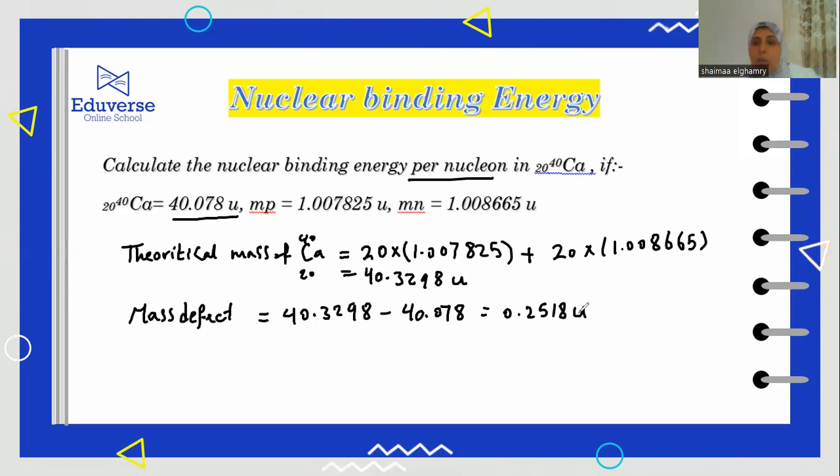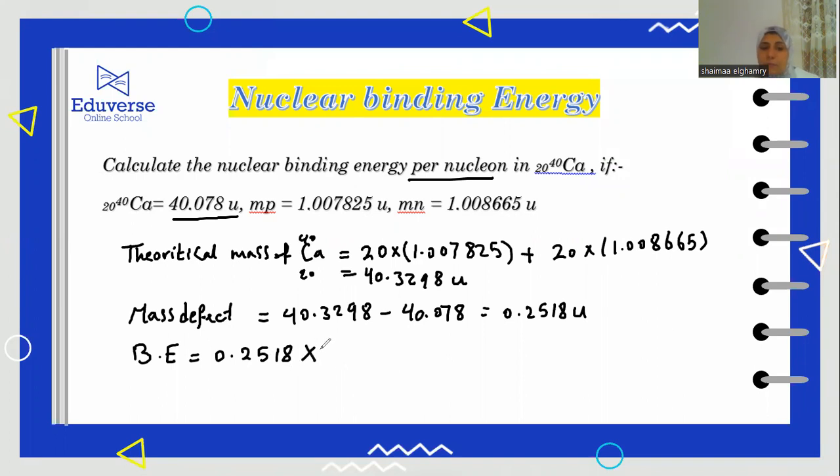So the first step, we are calculating theoretical mass. The second step, we are calculating the mass defect. The third step, we are going to calculate binding energy. The total binding energy equals the mass defect that we calculated, which is 0.2518 times what?